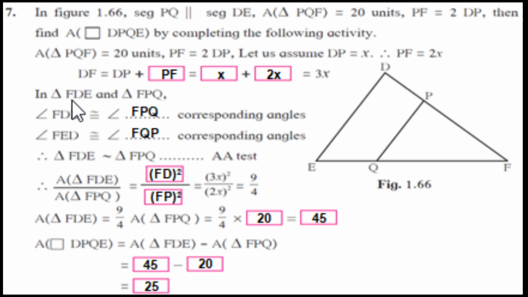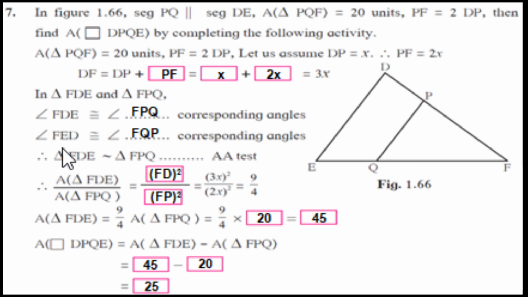Now in triangle FDE and triangle FPQ, FDE the bigger triangle and FPQ the smaller triangle, these two sides are parallel, therefore we get two pairs of corresponding angles. So angle FDE congruent angle FPQ.